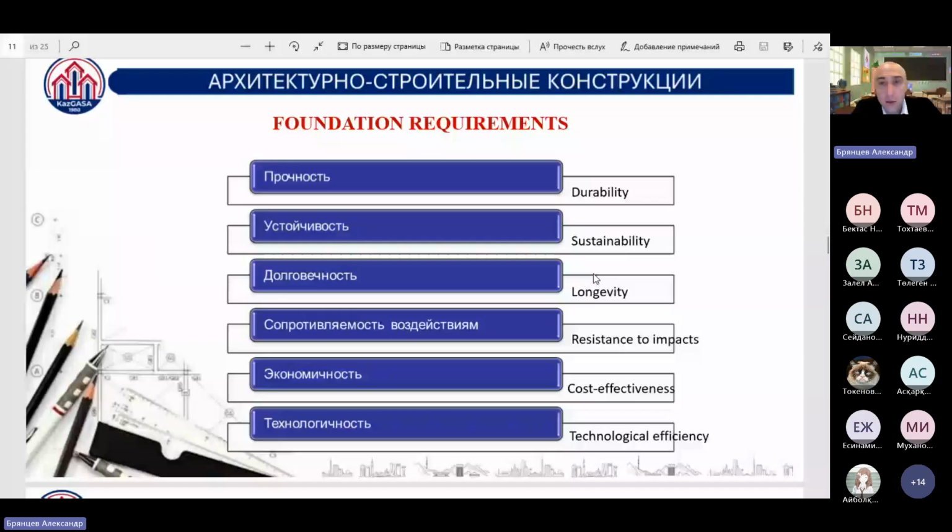Next one is stability. It must resist displacements, tilting, different settlements, and of course, if the building is located in seismic regions, the seismic effects. Longevity or durability, right?